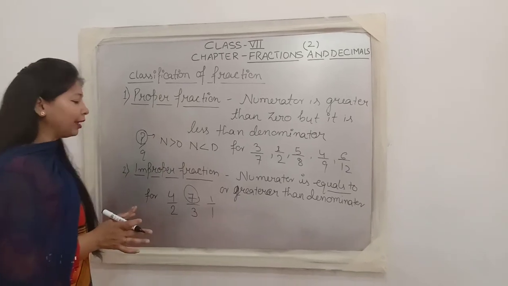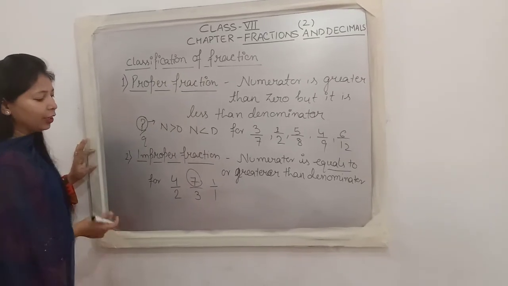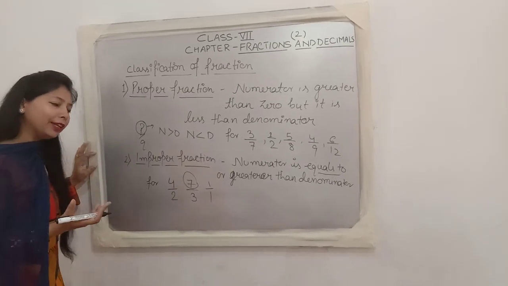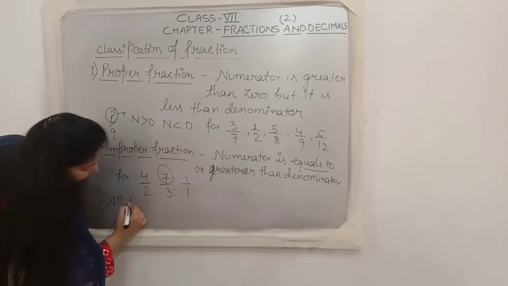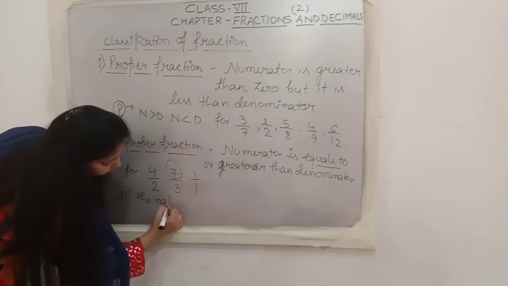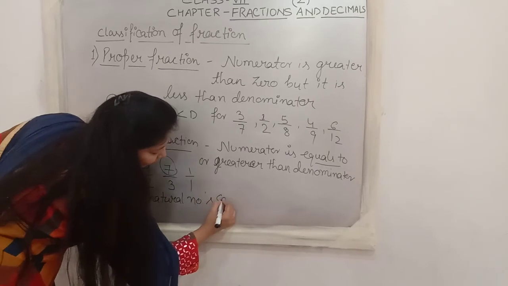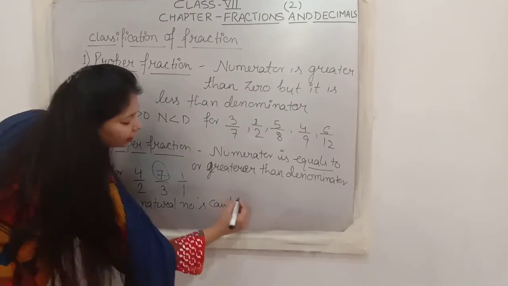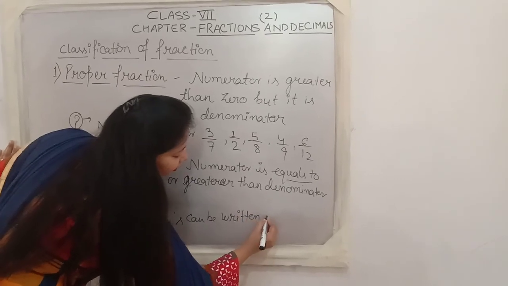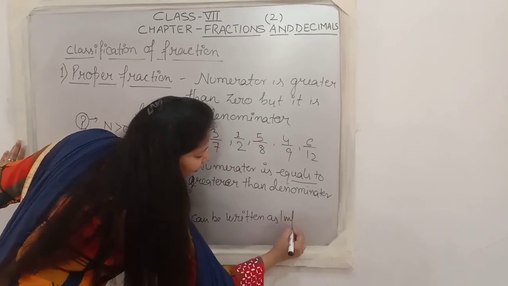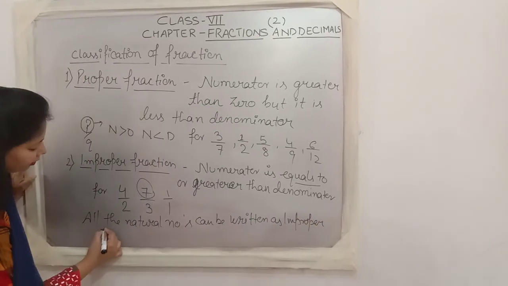All the natural numbers can be written as improper fractions.